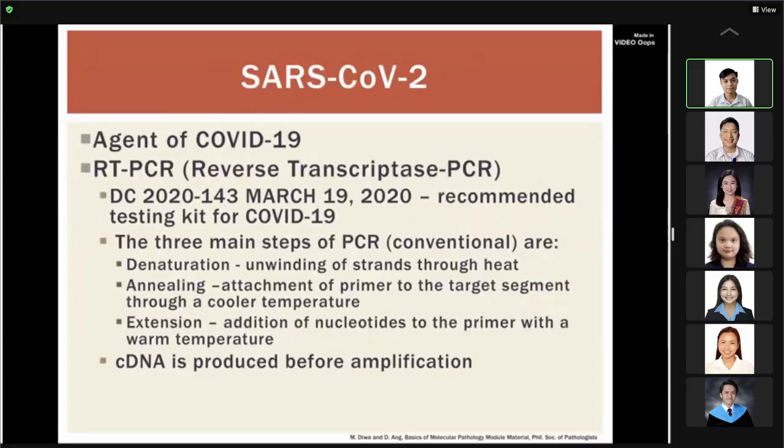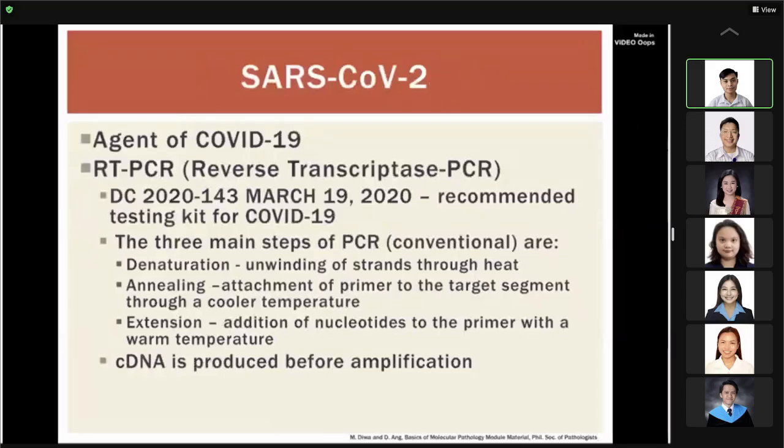It is noteworthy to mention that before we proceed with the amplification, this is an amplification technology, diba? We first produce complementary DNA. So remember, the organism here, SARS-CoV-2, is an RNA virus.